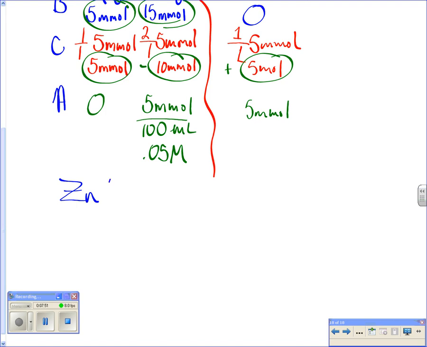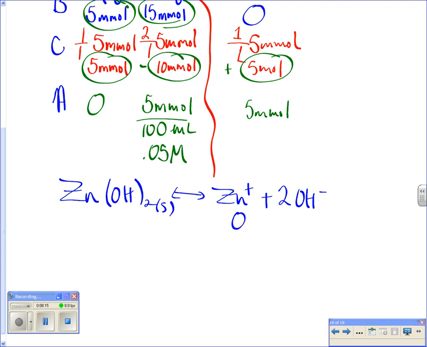So I have my zinc hydroxide, and we know that at equilibrium, I'm going to get zinc and 2 hydroxides. And I don't care what the concentration is, because this is a solid. It's not dissolving, so I have 5 millimoles of it, but it doesn't make any difference. I need to know my zinc.